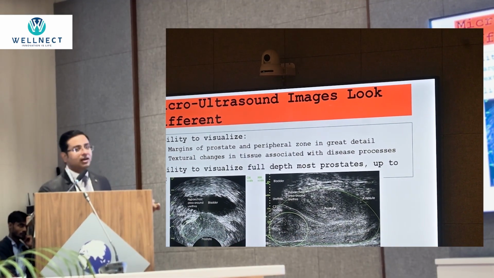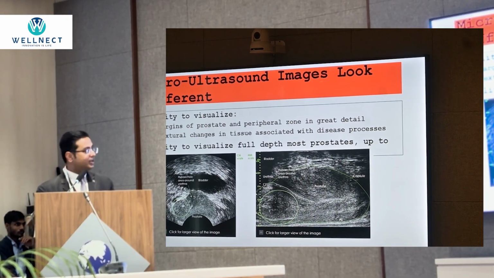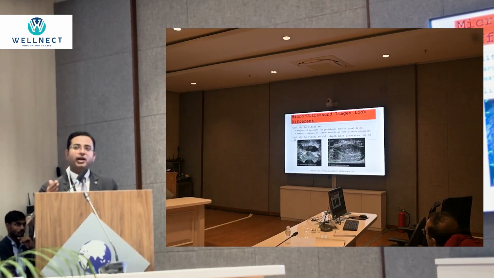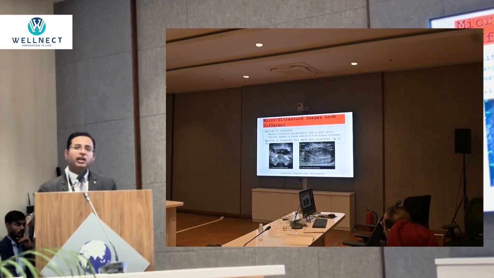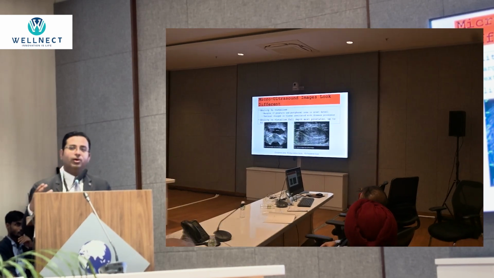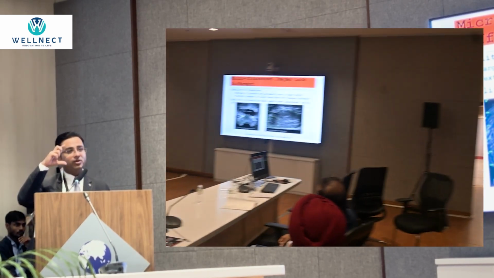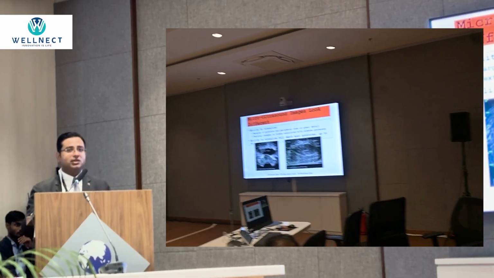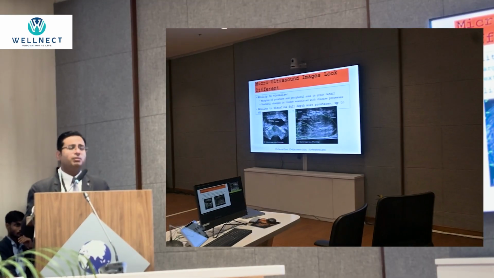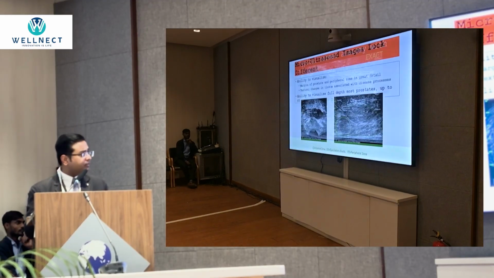But this device also gives you a good sense of the capsule, and over a period of time you realize that the ability to identify the capsule keeps increasing as the number of cases increases. It can visualize about 6 centimeters of depth of the prostate, so practically any size of prostate, maybe 150, 200 grams, can be visualized well.